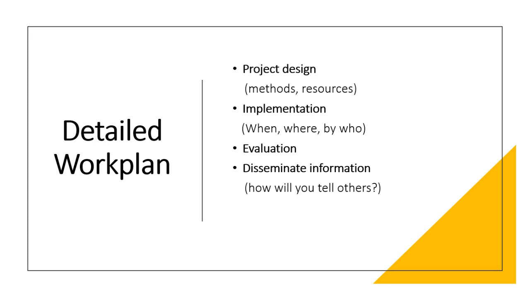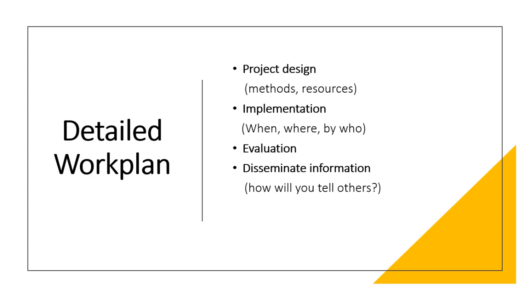Are you going to need special equipment? Are you going to need special computer hardware, software? Do you need to hire staff? Are there special methods that you're going to use? For example, if you're going to institute some special curriculum that you're going to need to purchase to train people on, those kinds of things.